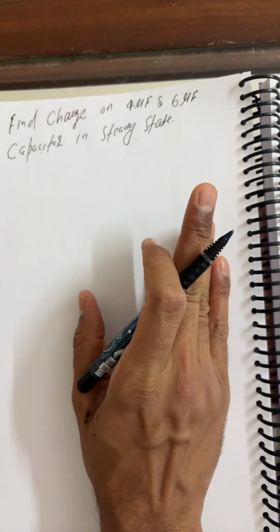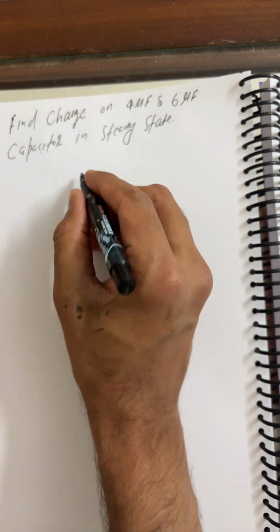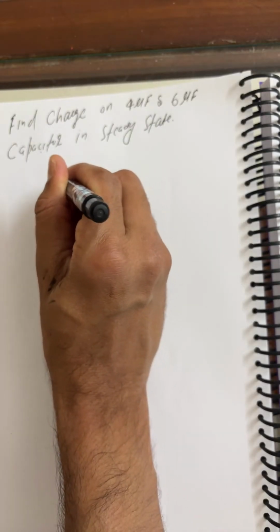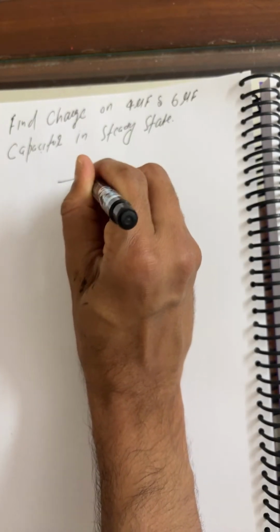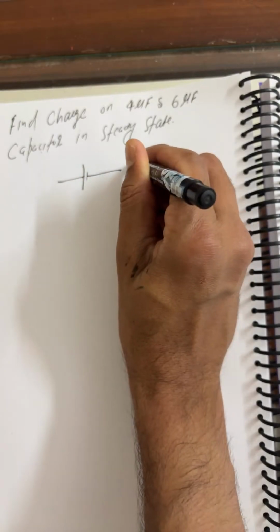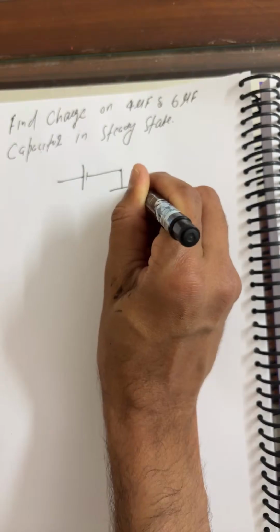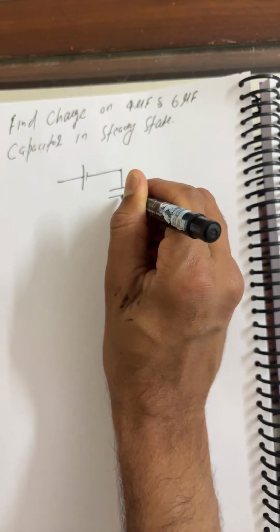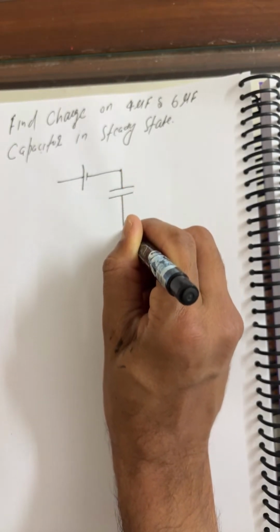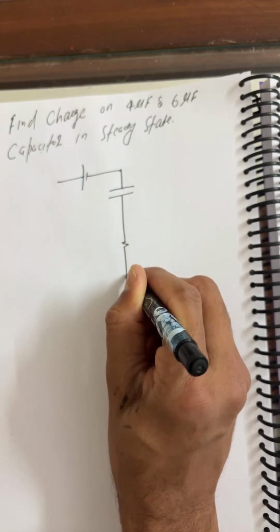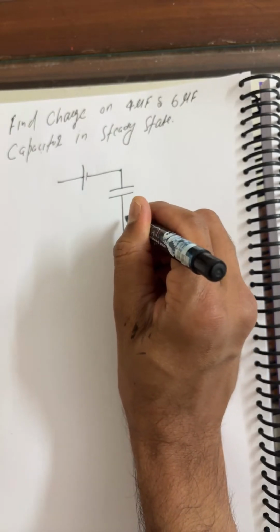Okay, now I'm going to just draw the circuit diagram. I'll try to make the data easy. Just wait. I don't know, I'm trying. Yes, I can make these questions.